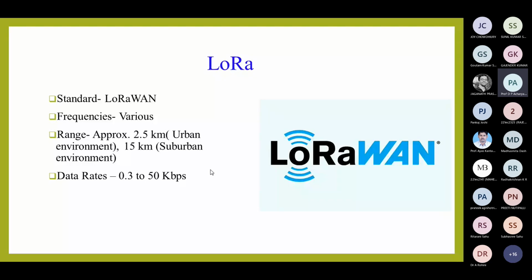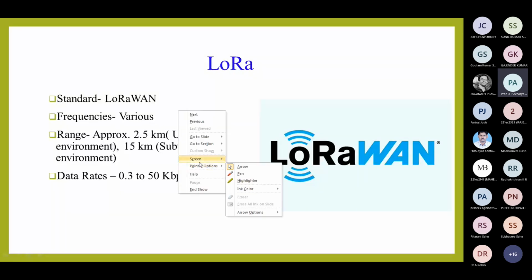That is one of the lucrative features of LoRa. LoRa was initially designed by the Semtech company, and it is used for machine to machine and IoT applications too. It uses different frequencies.